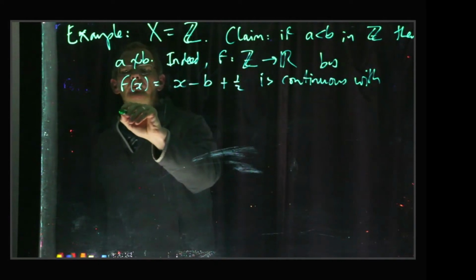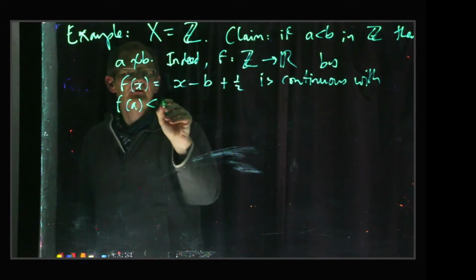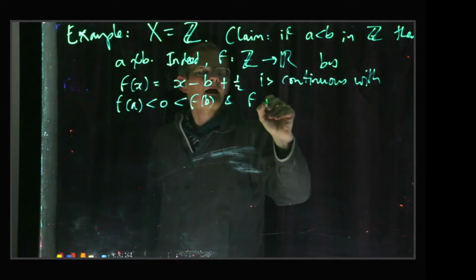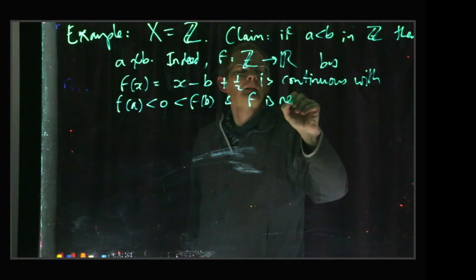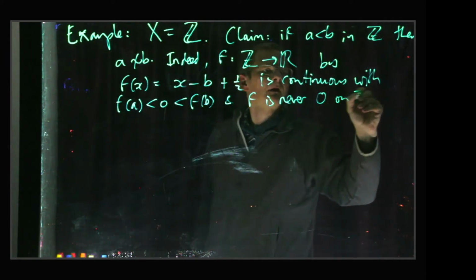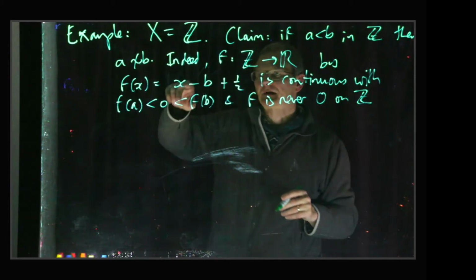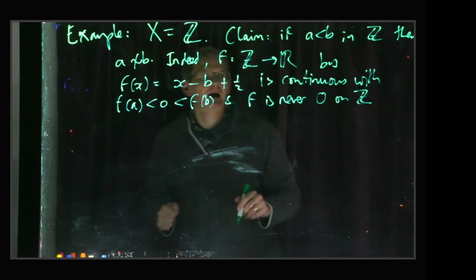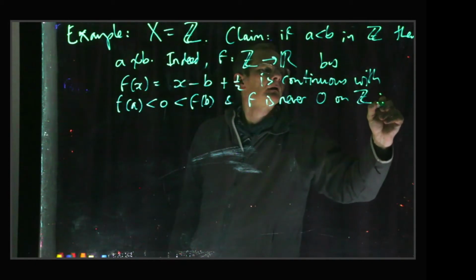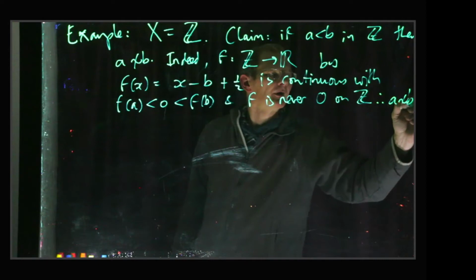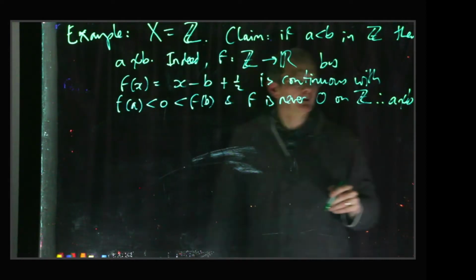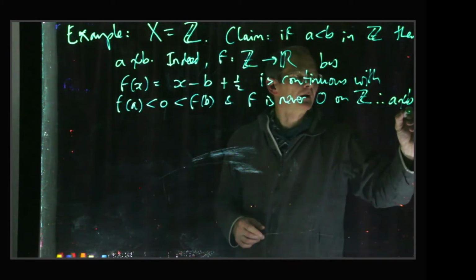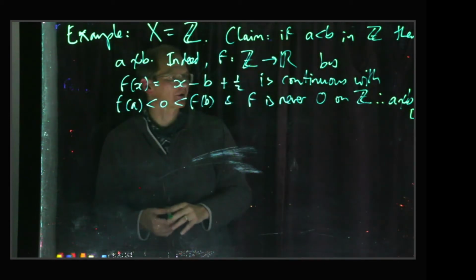That's continuous with f of a less than 0, less than f of b, and f is never 0 on Z, because for it to be 0, x would have to be equal to b minus a half, but b minus a half is not an integer, so that can't happen. And so by the proposition that we proved a minute ago, you've got a continuous, never 0 function, positive at b and negative at a, so they can't be connected.